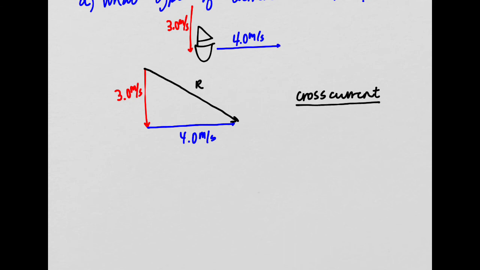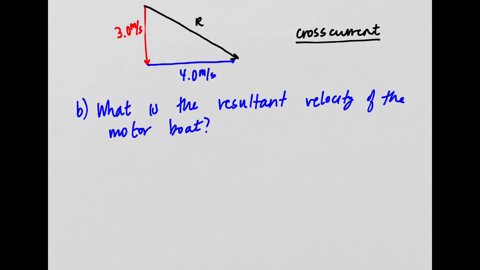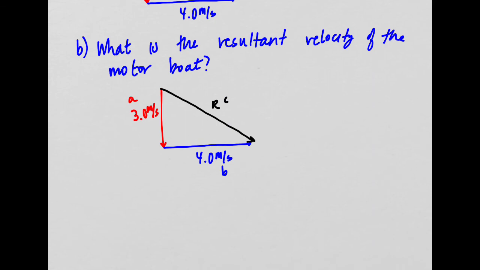So that's A. B wants to know what is the resultant velocity of the motorboat. Very simply, we are going to use the Pythagorean theorem to solve for that. I have assigned each side A, B, and C. A squared plus B squared equals C squared. So 3.0 squared plus 4.0 squared, and when we add those together, we get C squared.